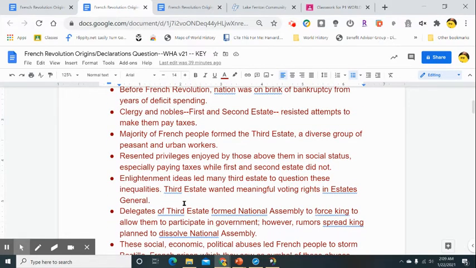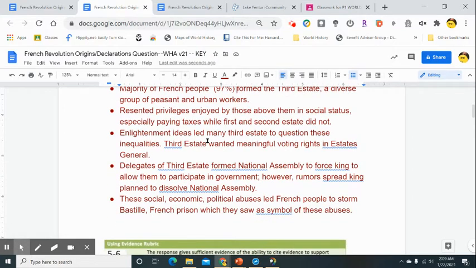The majority of the French people, almost 97%, formed the third estate, a diverse group of peasants and urban workers. They resented the privileges enjoyed by those of higher social status, especially that the third estate had to pay taxes while the first and second estate did not.